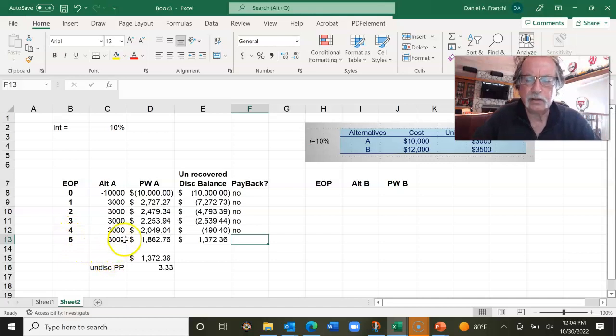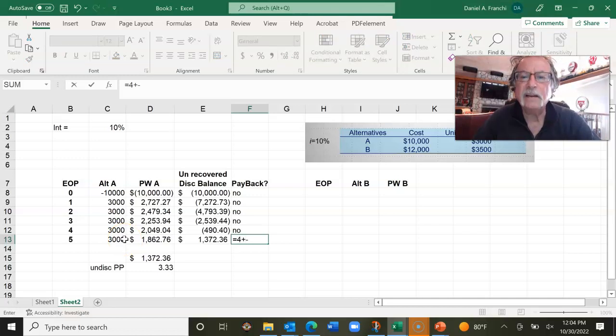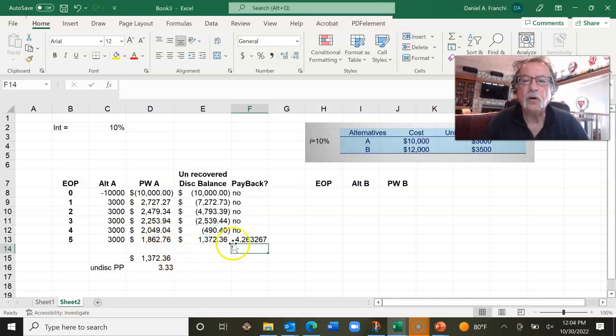So it's going to be 4 plus, actually, I'm just going to subtract that. We need to recover 490 out of 1862. So 4.26 years.